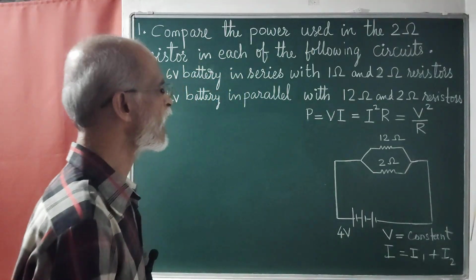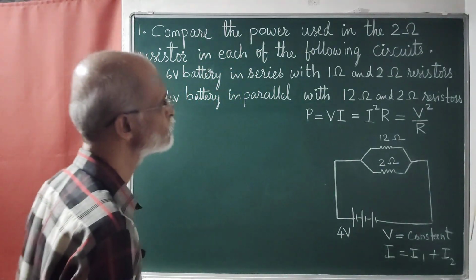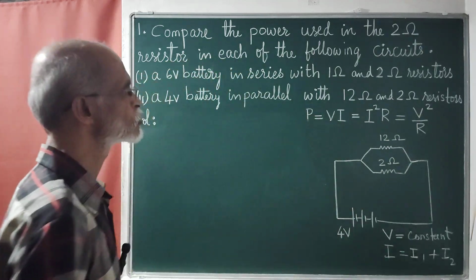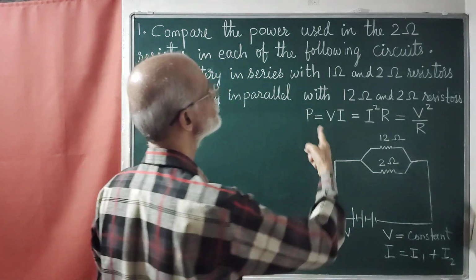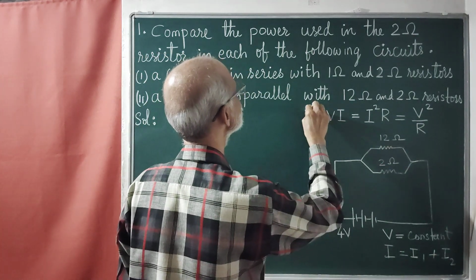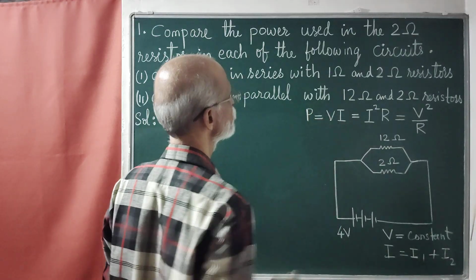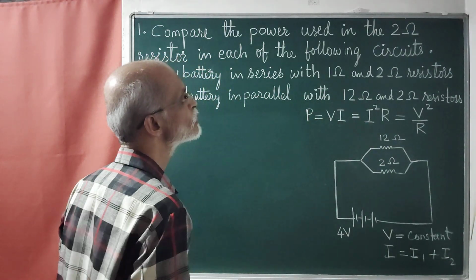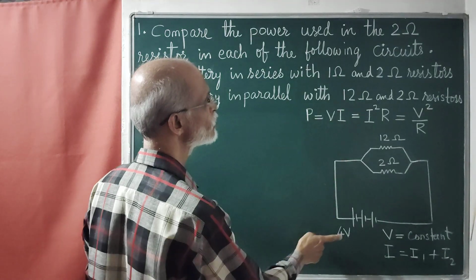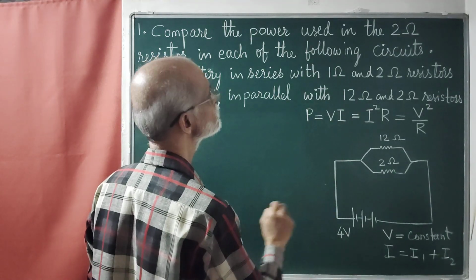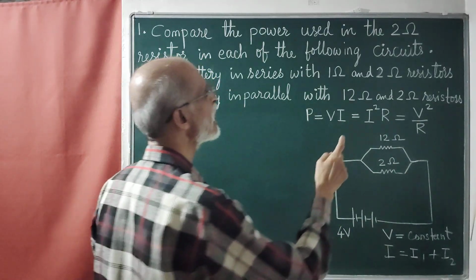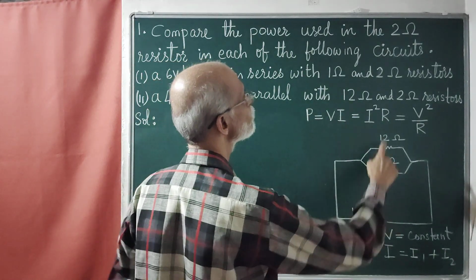So now I have to calculate the power of the 2 ohm resistor. So I will see which formula is convenient for me. Suppose I take this formula. V is constant, the value of V is there with us, 4 volt, and I should calculate I, because I is not the same for both.